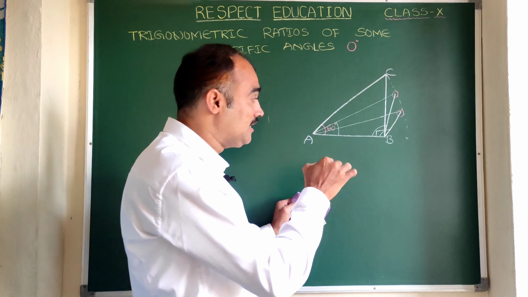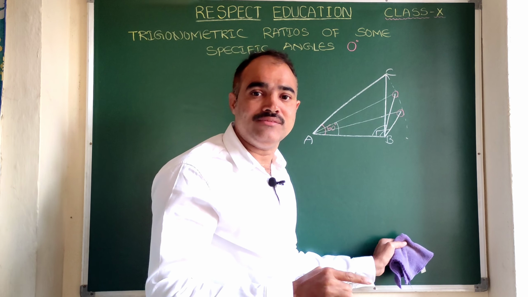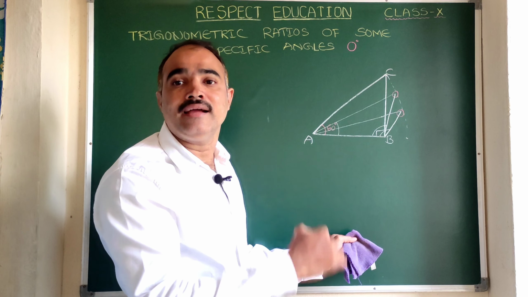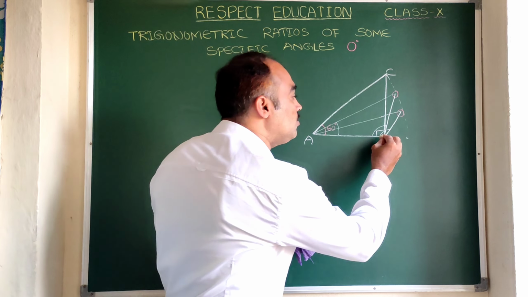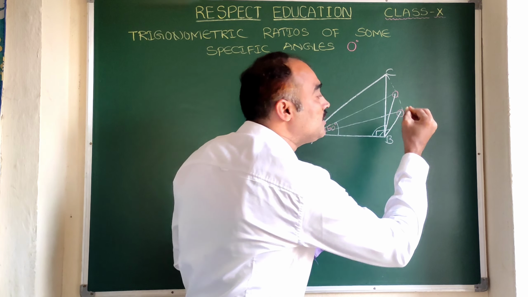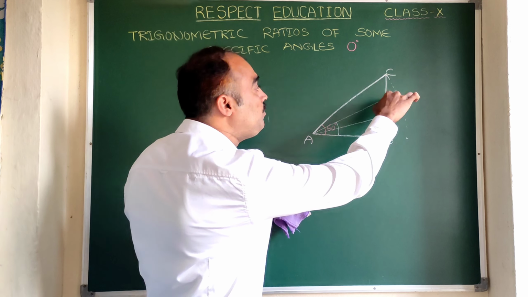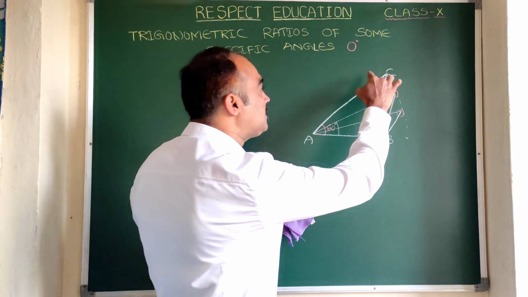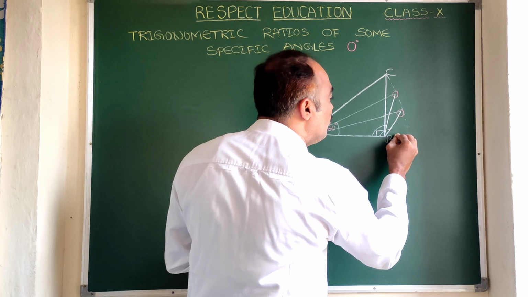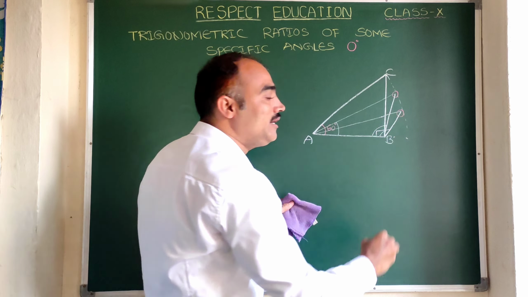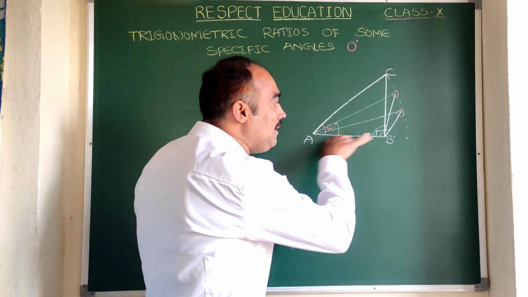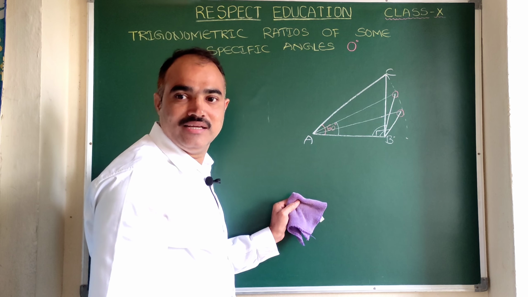But in our syllabus we are dealing with the angles which are linked with a right angle triangle. So what we need to do, we have to extend the position of B according to the position of C. For example, C comes here, immediately we need to move B from this point to this point. That means AB will be extended. Is it clear?